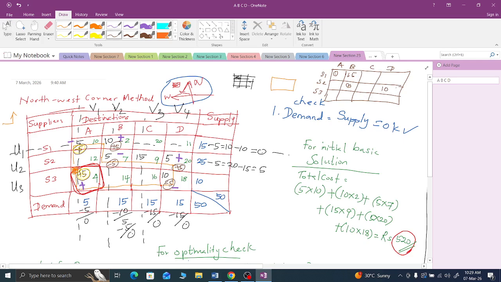So 10 minus 5, S3D, 5. S3D is going to become 5. So now our S3A is going to become 5. So positive 5, so 0 plus 5, right?